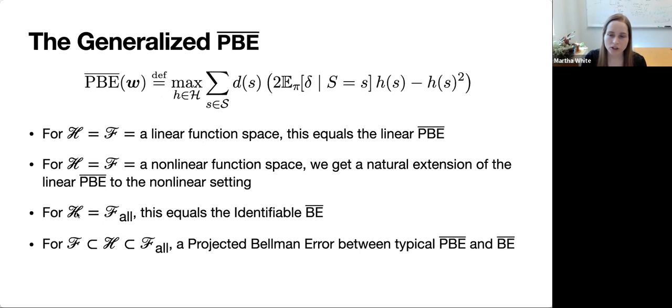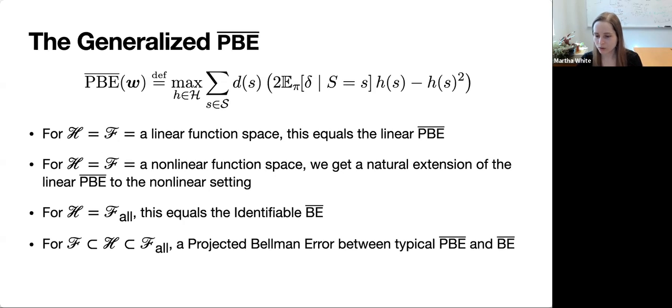If we pick H in a certain way that we talk about in the paper, then we're going to get back what we're calling the identifiable Bellman error. So it helps resolve this identifiability issue with the Bellman error, but it pretty much gives you back this Bellman error that you would have wanted originally. And then otherwise, there's a whole space of different options that we could explore that we haven't gotten to explore yet. There's many more things to be done there, to understand what this H should be.